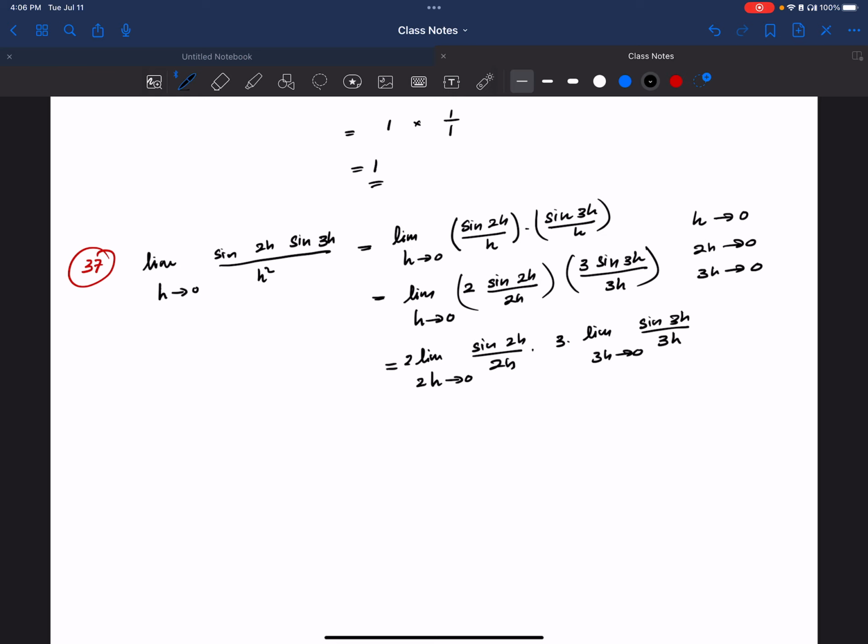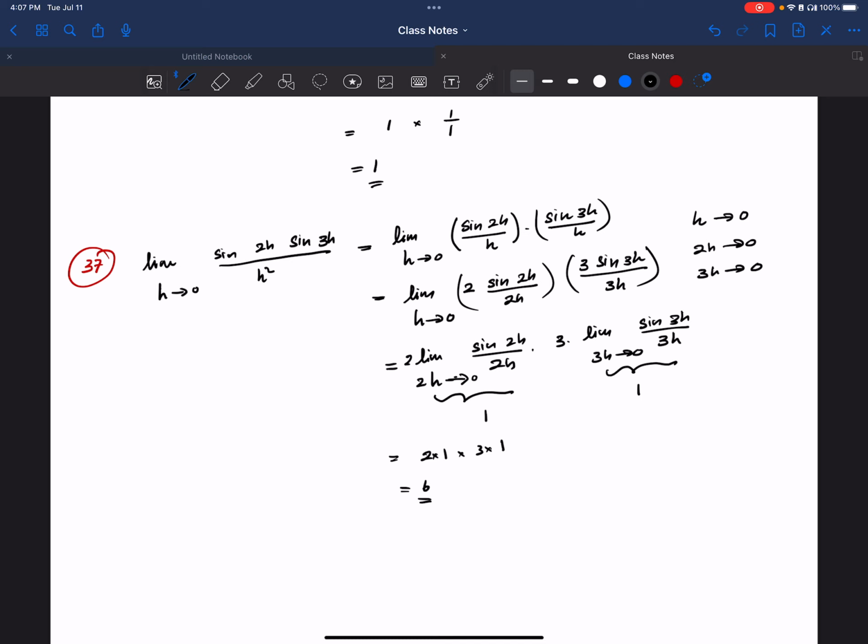This portion is equal to 1 and this portion is equal to 1, so we have 2 times 1 times 3 times 1, so we have 6 for the answer.